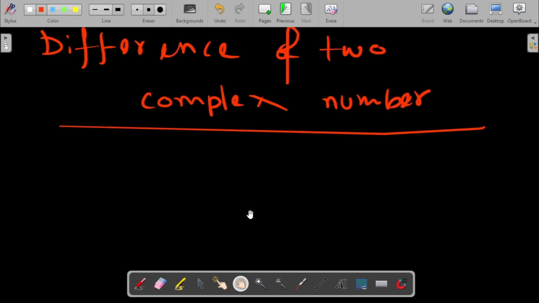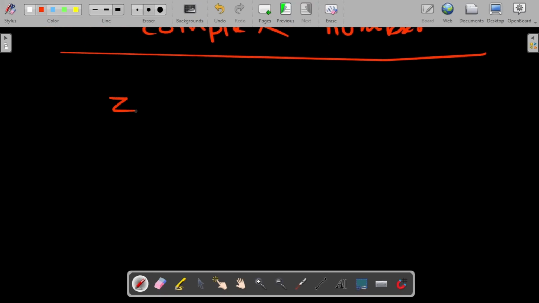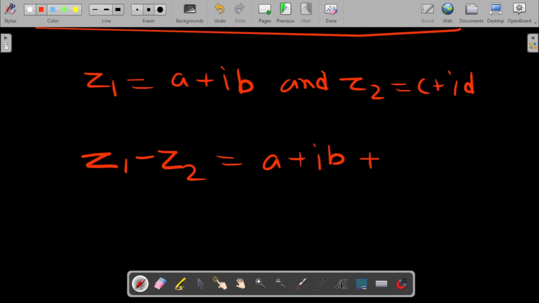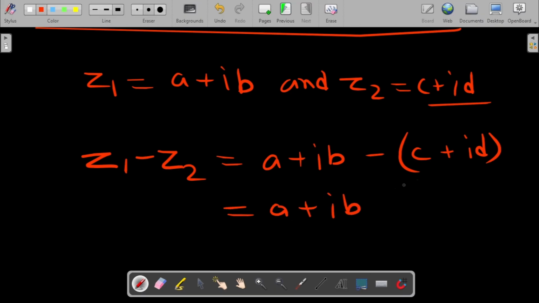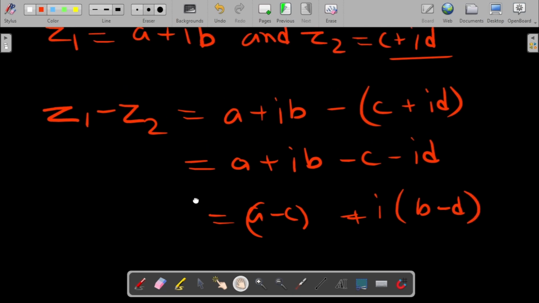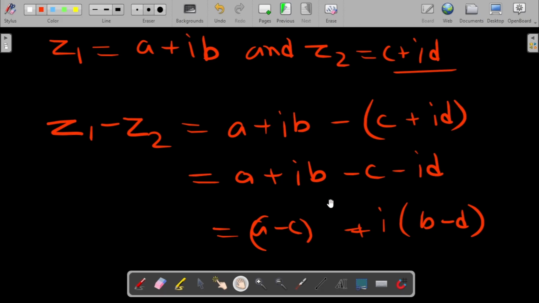Suppose z1 equals a plus ib, one complex number, and z2 equals c plus id, another complex number. The difference is defined as z1 minus z2, which equals a plus ib plus minus z2, so minus c and minus id. This equals a minus c plus i times b minus d. So the difference of two complex numbers is defined as a minus c plus i times b minus d.